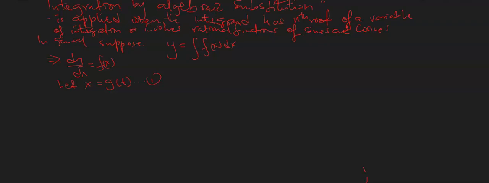If you differentiate x with respect to t, dx/dt, we can say it's the derivative of g of t. We denote it like that.